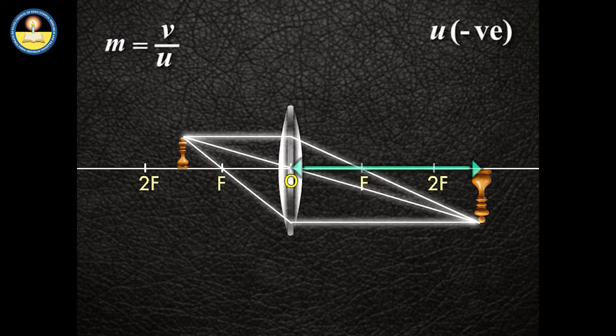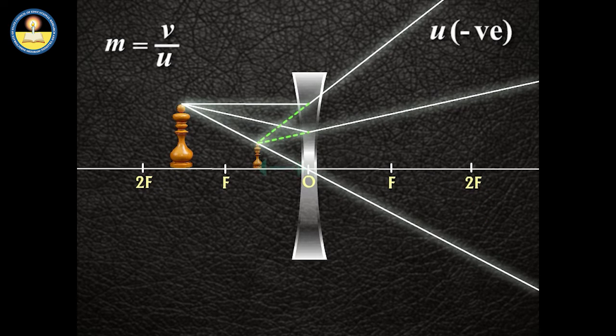Distance of the image, that is v, is always positive for a real image as it is on the right side of the lens, and thereby the linear magnification for a real image is again negative. Distance of the image, that is v, is negative for a virtual image as it is also on the left side of the lens, and thereby the linear magnification for a virtual image is again positive.